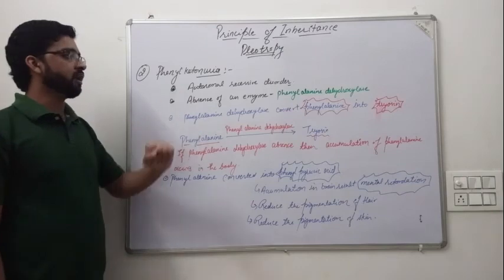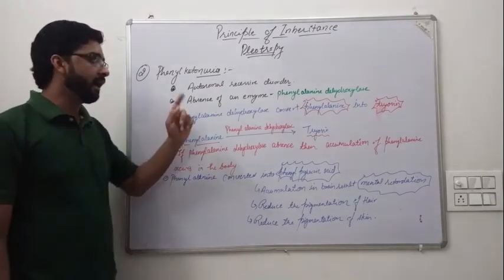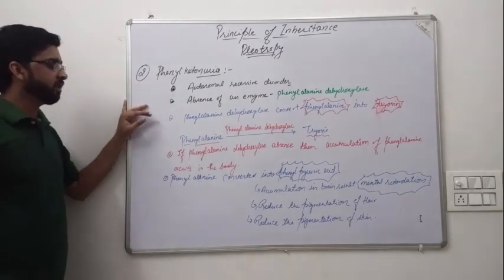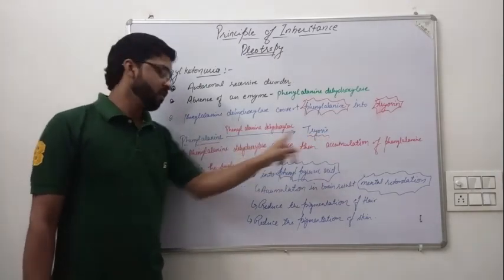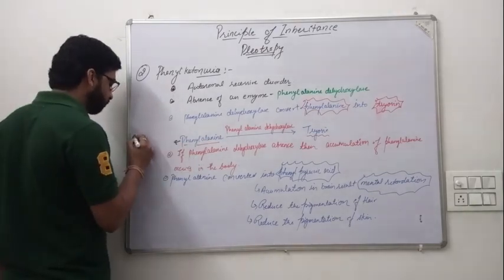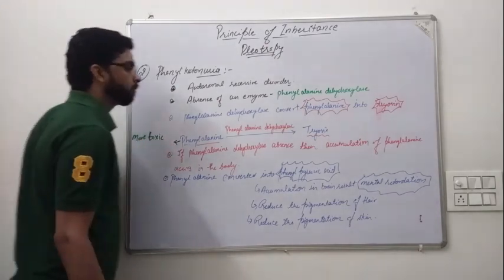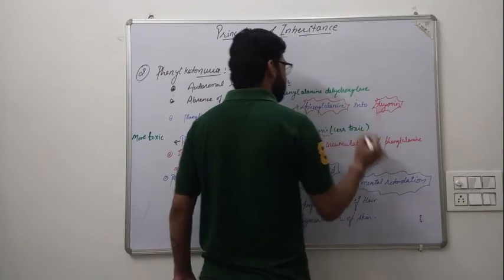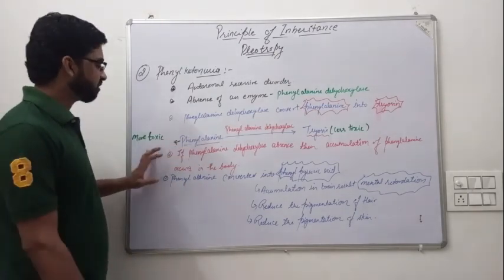This is also an autosomal recessive disorder, with absence of the enzyme phenylalanine hydroxylase, which is responsible for the conversion of phenylalanine, which is more toxic, into tyrosine, which is less toxic.